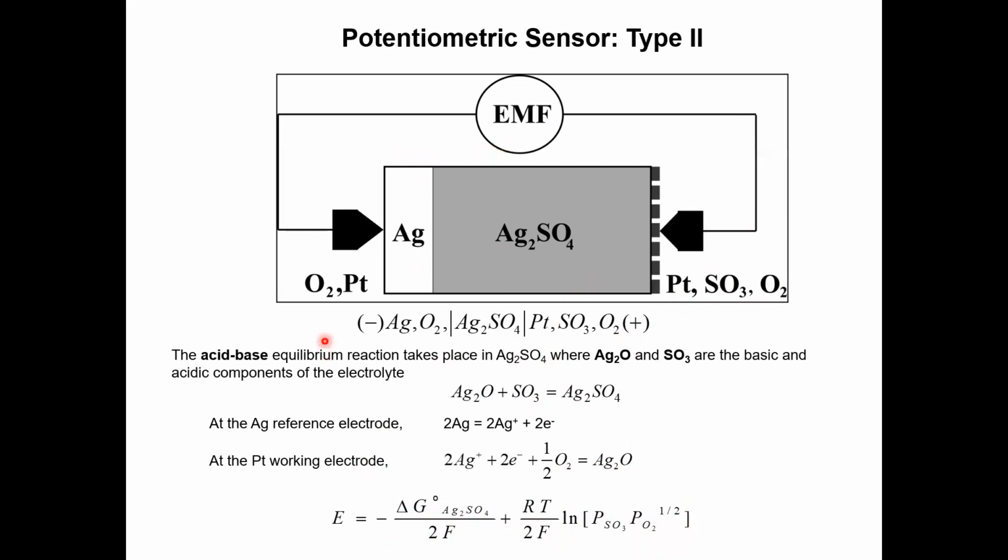So if you're trying to use the sensor in an environment where oxygen concentration changes, then you will need to employ an oxygen sensor along with the SOX sensor. And you can see that this is type 2 because the change in the gas environment is coupling not with the transporting species, which is silver, but with the conjugate sulfate ion material.